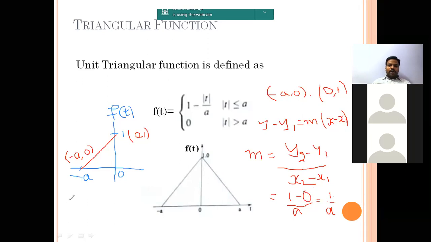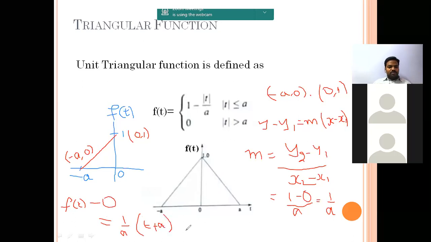Now what is the y coordinate? On the y axis we have considered f of t, minus y1, where y1 is equal to 0, which is equal to the slope 1 by a, multiplied by x minus x1. On the x axis I am considering time t, minus x1.